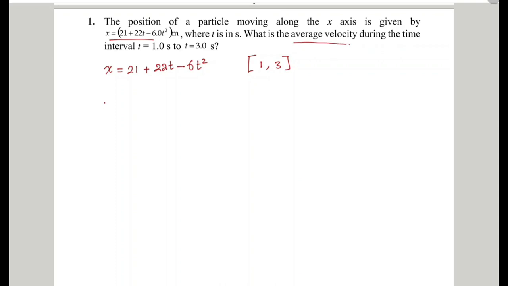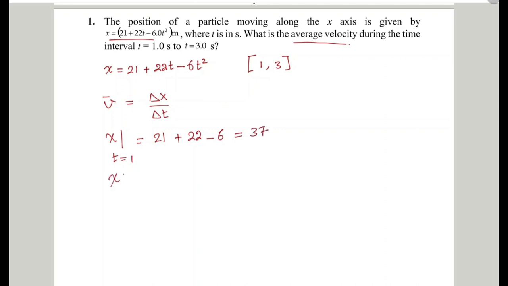So remember, average velocity is equal to delta x over delta t. Now we need to calculate x when t equal to 1. We just substitute 1 instead of t here. So 21 plus 22 minus 6 equal to 37.